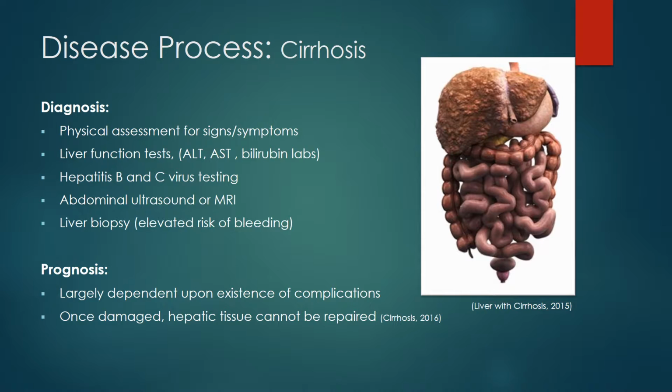But managing the complications that come along with liver damage is really the best treatment for someone who may not be an eligible candidate for transplant, or who is in such advanced stages that doing a transplant may harm them more than help them.